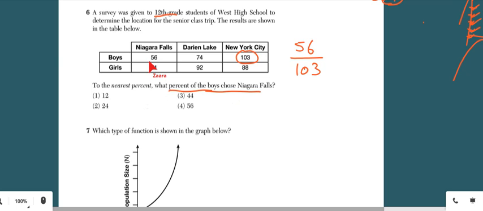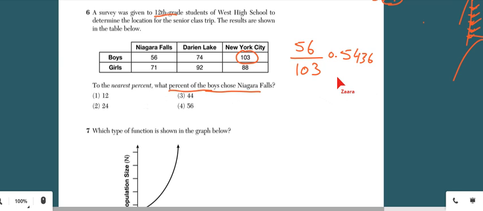So first let's convert it into decimals. What is 56 over 103? It is 0.5436, and when you times it with 100 you will get 54.